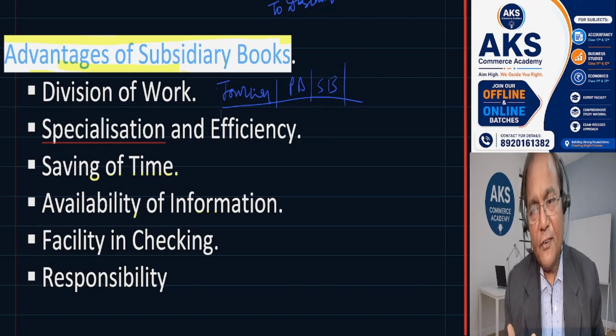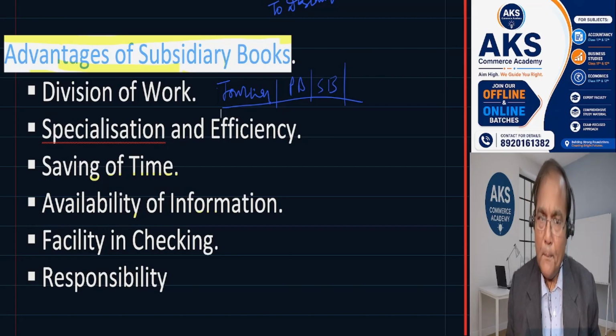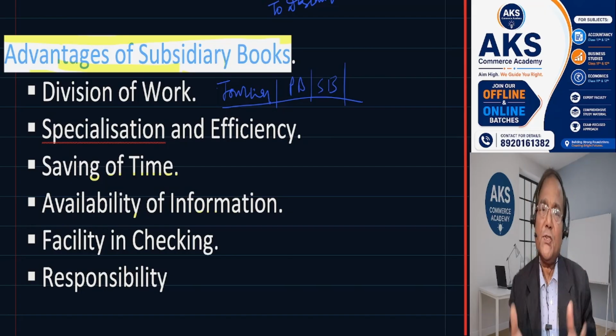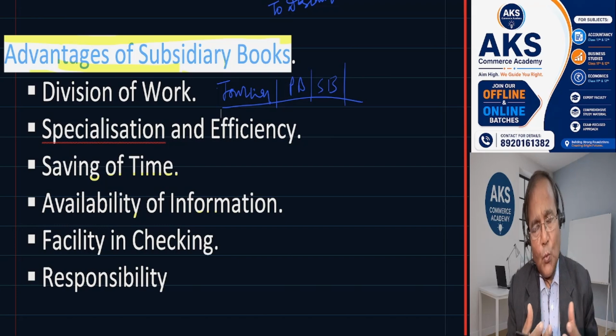When there is division of work, there is likelihood of increase in efficiency. This is the advantage associated with subsidiary books. Then comes specialization and effectiveness. How is it done? If I am someone who maintains only the purchase book, I will become specialized.